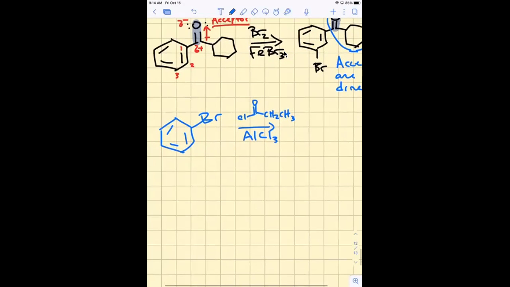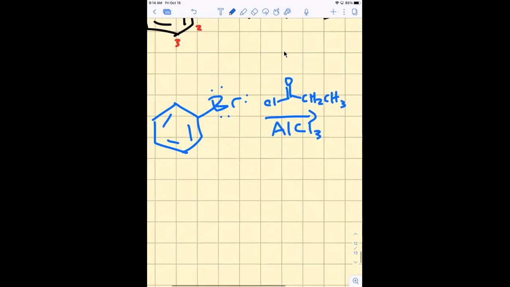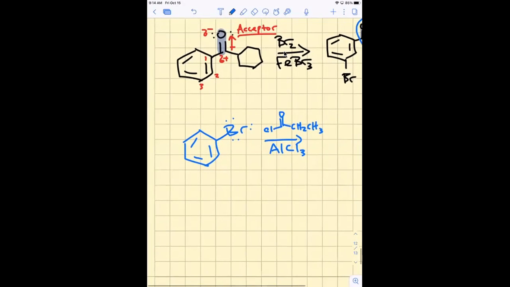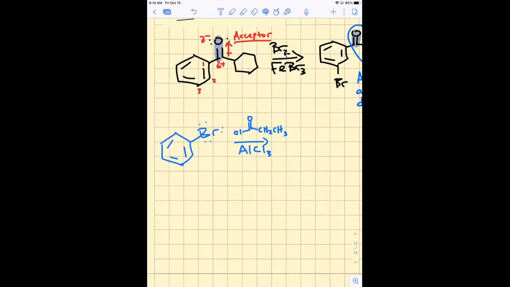Right, so remember, I think I gave you a list, not an exhaustive list, of what could be a donor, what could be an acceptor, what class would halogens fall into. There's a halogen already on the ring. Is that going to act as a donor? It's a donor. Good. So if it's a donor, what does that mean for the positions that get activated?